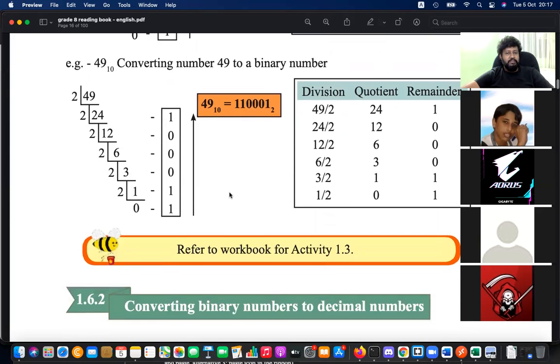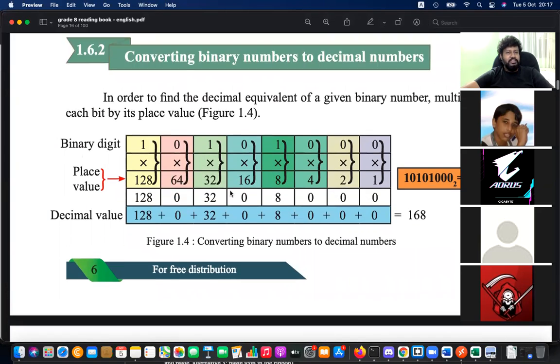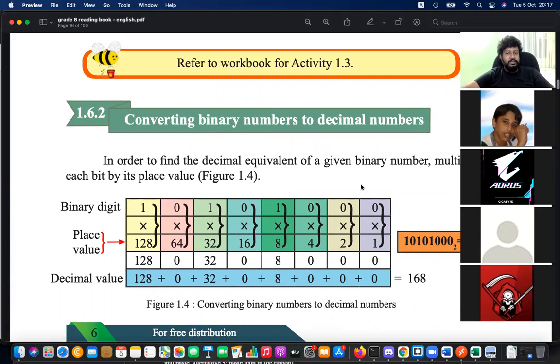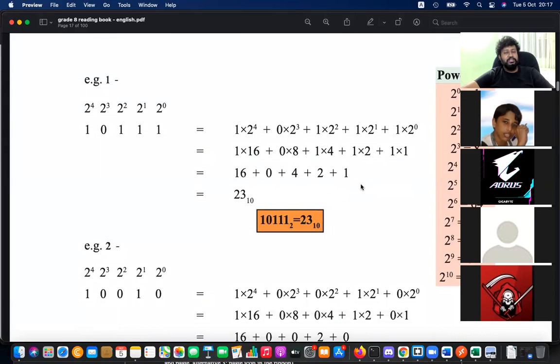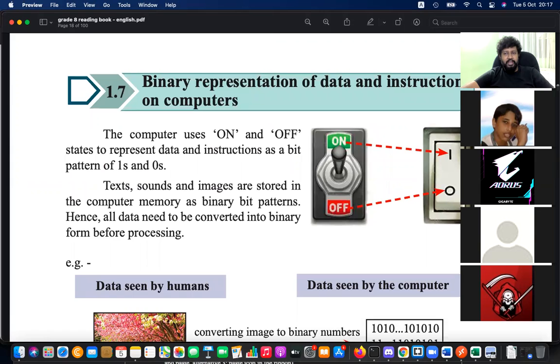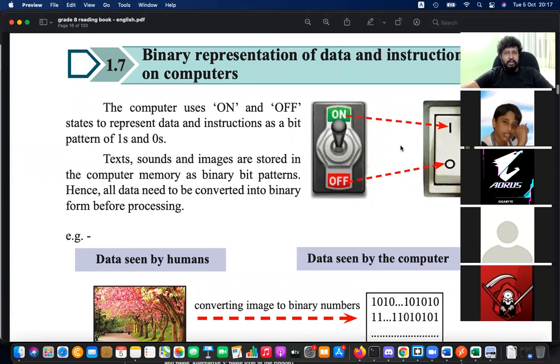And another one is there. There are some examples. And this calculation we have already done. How do we convert binary to decimal? Already we did that calculation. Right. Then actually we saw this as well. How these are represented. How binaries are represented. On off, it is 1 0.